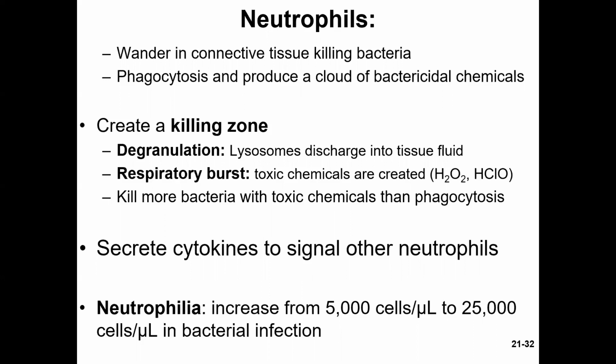Toxic chemicals are created, H2O2 and HClO. These kill more bacteria with toxic chemicals than phagocytosis. They secrete cytokines to signal other neutrophils. Neutrophilia is an increase from 5,000 to up to 25,000 cells per microliter in a bacterial infection.